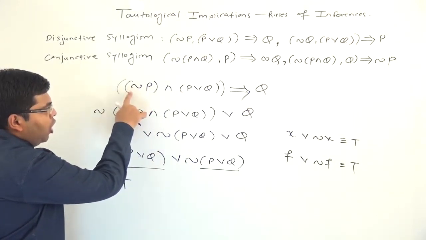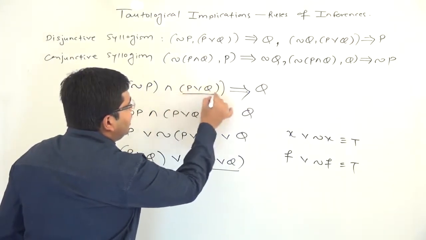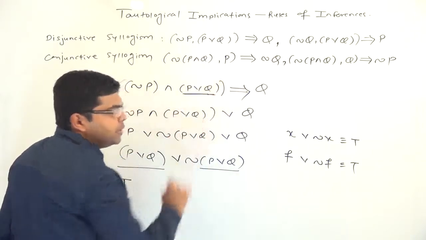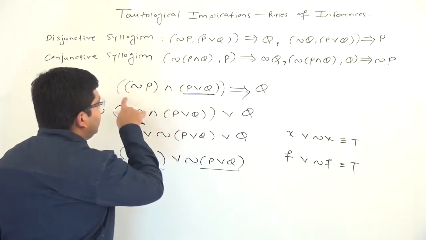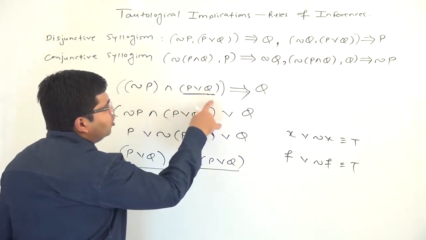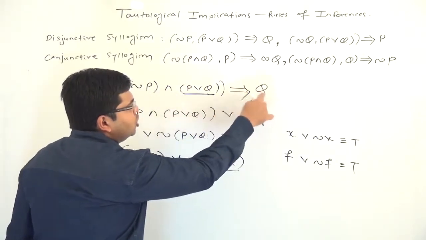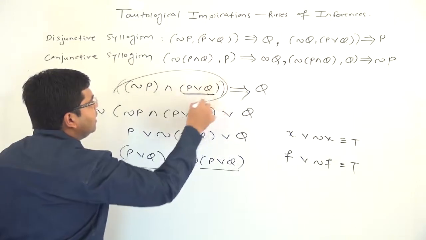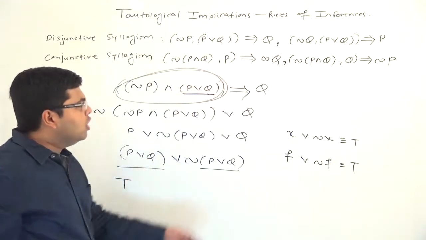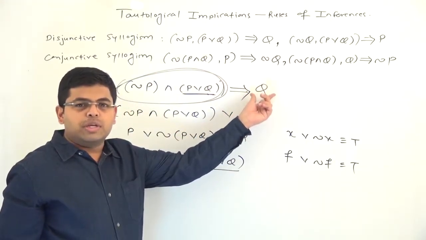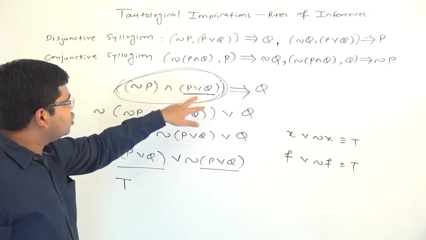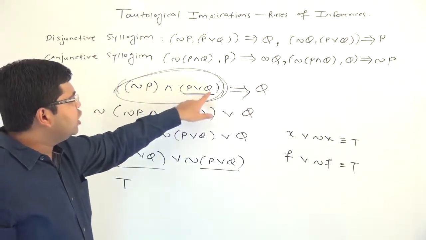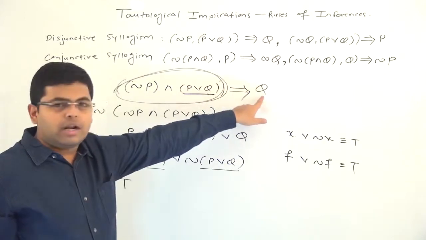Now when P is false, in order for P or Q to become true, the value of Q must be true, and therefore negation of P and P or Q concludes Q. Whenever this left hand side is true, the right hand side will always be true. The left hand side being true basically says that Q has to be true, and that is what we are writing down here.